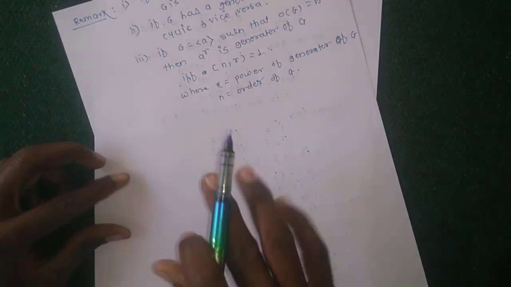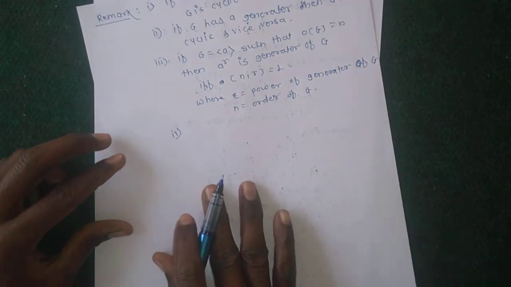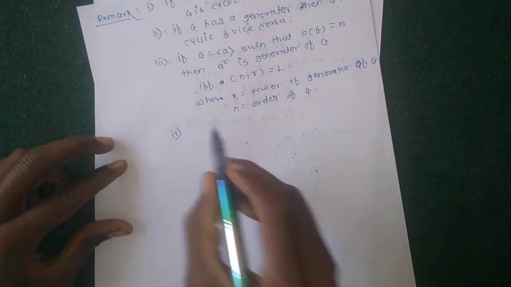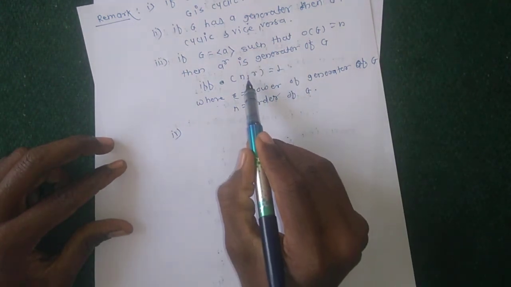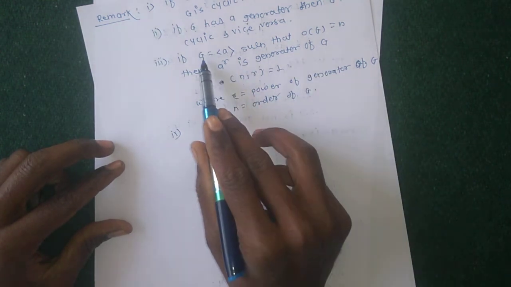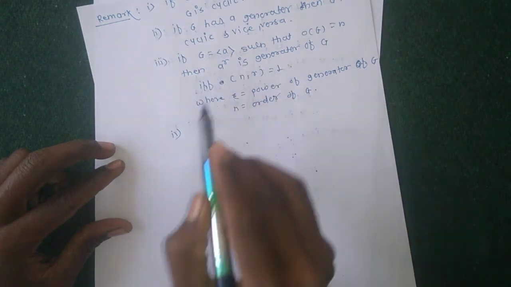This is the third remark. This applies when A raised to R is a generator with respect to multiplication, if G is a group with respect to multiplication.